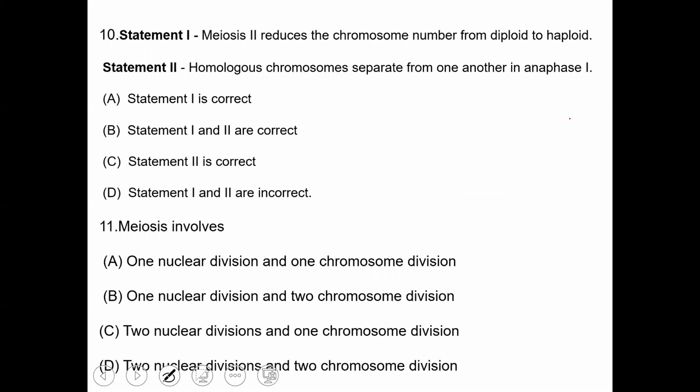Meiosis 2 reduces the chromosome number from diploid to haploid. We know that meiosis 1 itself would have already reduced the number from diploid to haploid. So it will be continued by meiosis 2 as well. The second statement says homologous chromosomes separate from one another in anaphase 1. Yes. So only this statement is right. So henceforth, our option is option C.